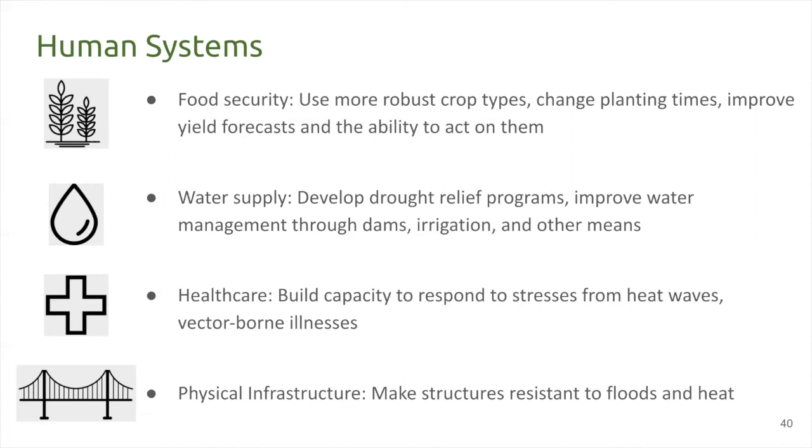You can have drought relief programs for immediate consequences, and you can plan longer into the future to build things like reservoirs to prevent water scarcity. Healthcare infrastructure can be built up so that it has capacity to manage increased mortality during heat waves or vector-borne illnesses. And physical infrastructure can be constructed to make structures more resilient to things like flooding and heat.